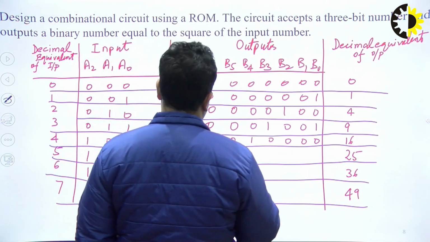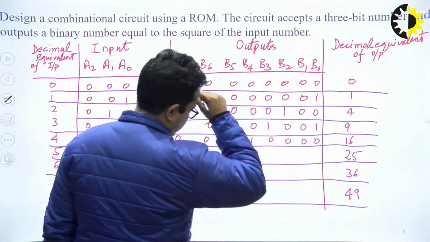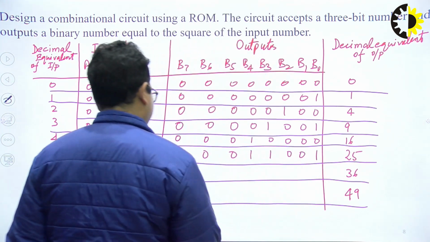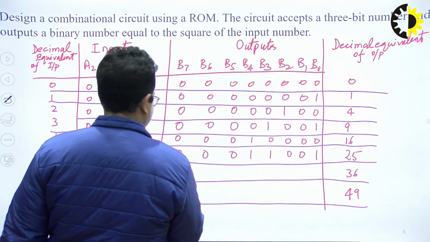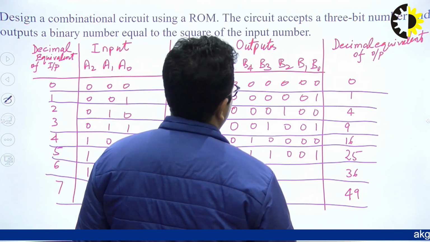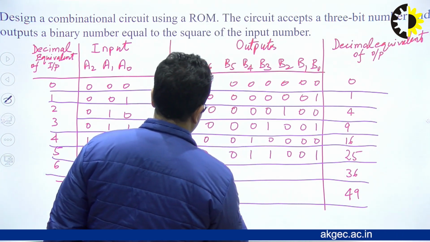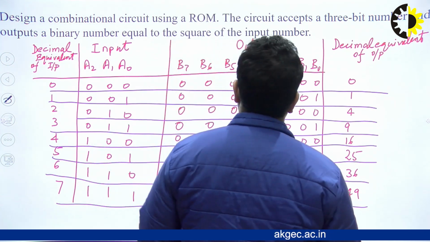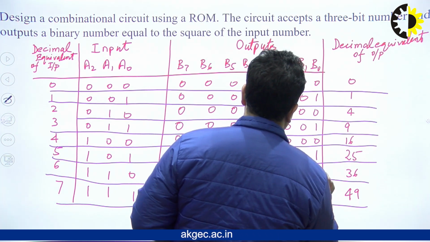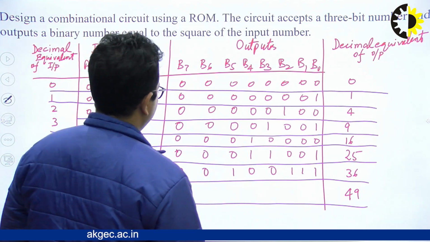For 25 it will be 0 0 0 1 1 0 0 1, that is 16 plus 9, that is 25, right? And then we have 36, so it will be 2 to the power 5, which is 32, plus 4, which gives 36. And then 37 would be 0 0 1 0 0 1 0 1.